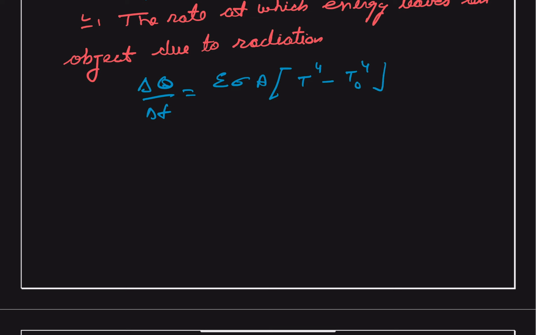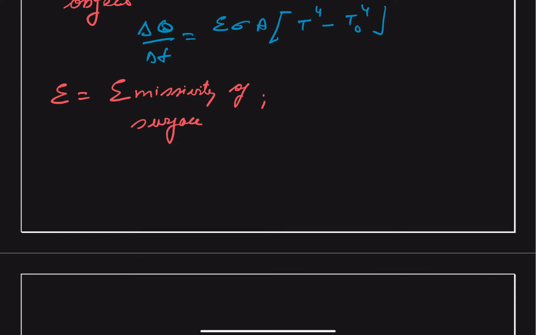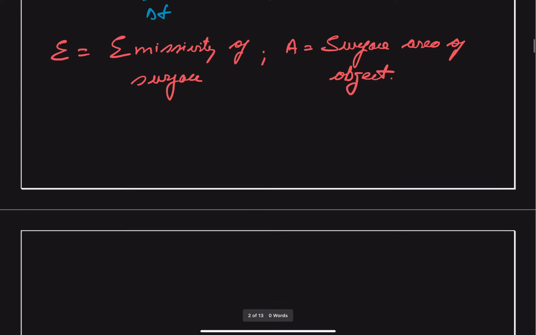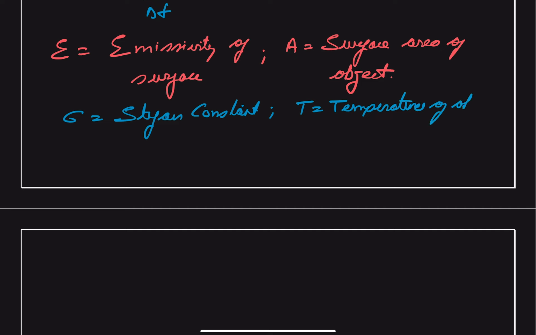Here epsilon is the emissivity of the surface, A is the surface area of the object, sigma is the Stefan constant, T is the temperature of the object, and T naught is the ambient temperature.